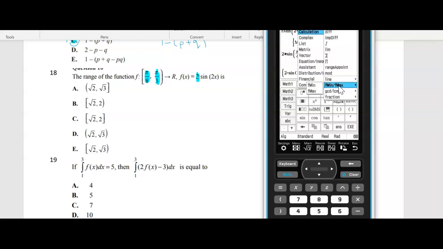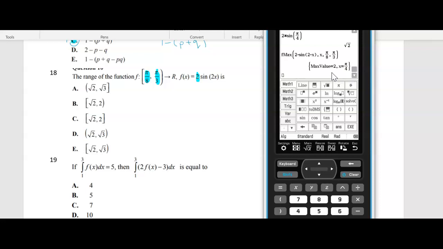Calculation, I can do it this way and it'll just come up with F max. There we go, don't need another bracket. All right, so the maximum value is at 2. So we're going from root 2 to 2, and remember your maximum value is not included, so your answer is going to be B.